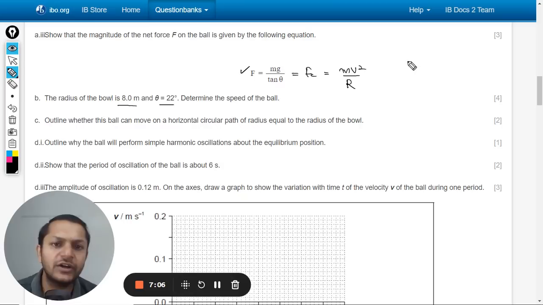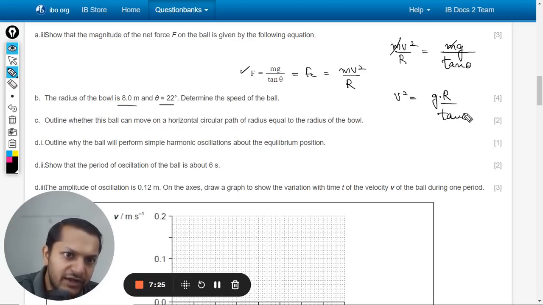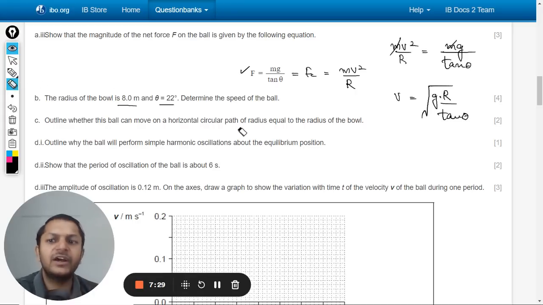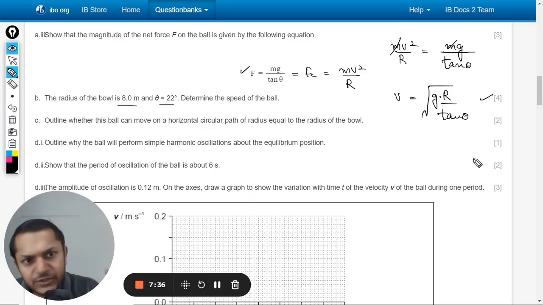Clearly in front of you there is this equation, so we are going to write it as mv square by r is equal to mg divided by tangent theta. m and m get cancelled out, so v square is equal to g into r divided by tangent theta, and we are now going to take the square root so that we are able to find the true value of v. Okay, dear students, I am not substituting the values there.